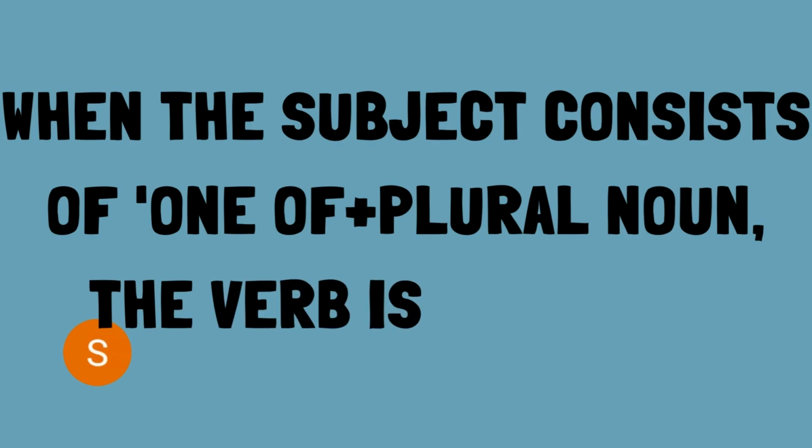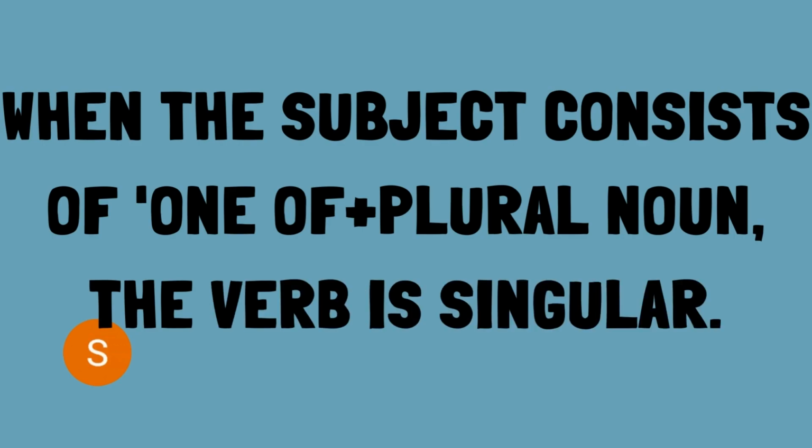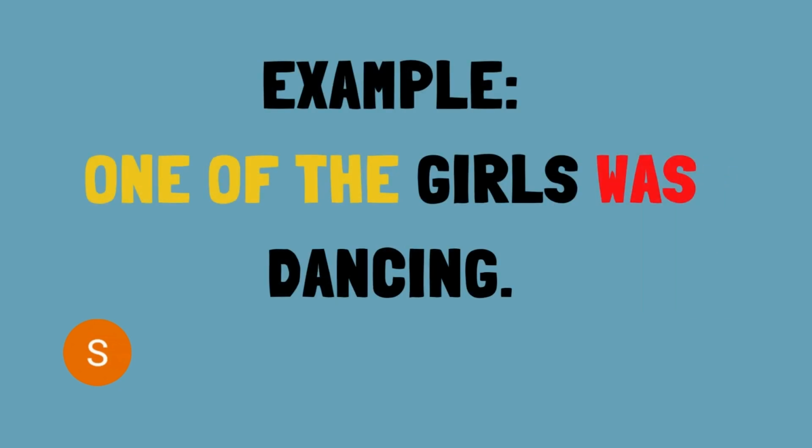Let's check out this rule. When the subject consists of one of followed by a plural noun, then the verb will be singular. For example, one of the girls was dancing.